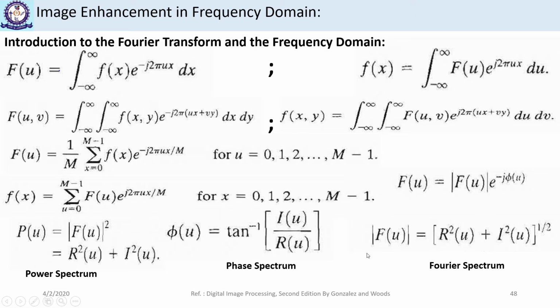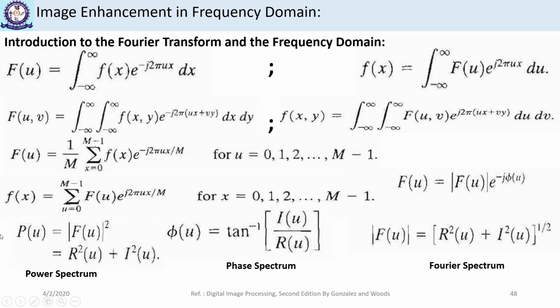The modulus is given by the square root of R square plus I square, where R is the real part of F(u) and I is the imaginary part of F(u). The phase is given by tan inverse of I by R. This magnitude is known as the Fourier spectrum and the phase is known as the phase spectrum.